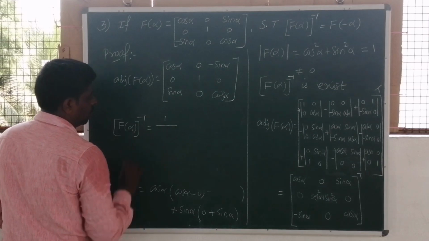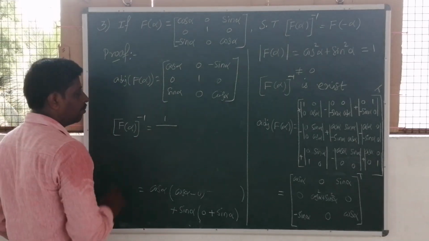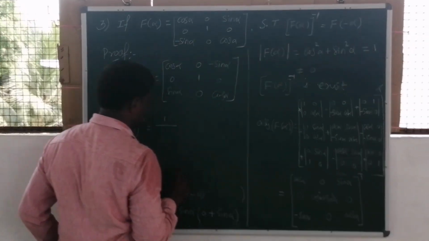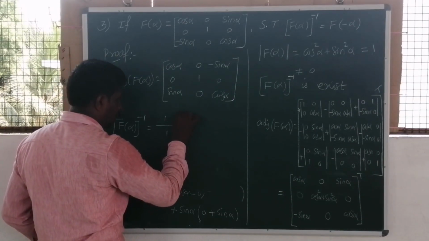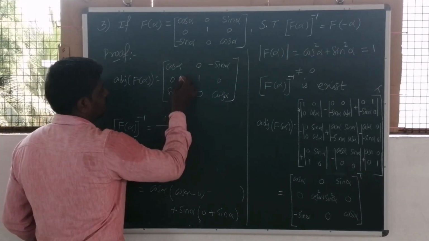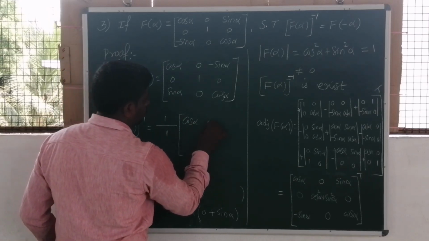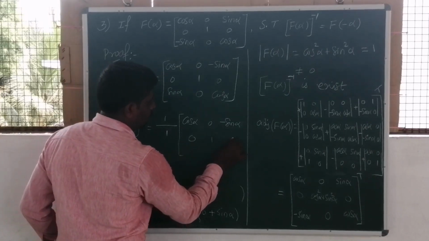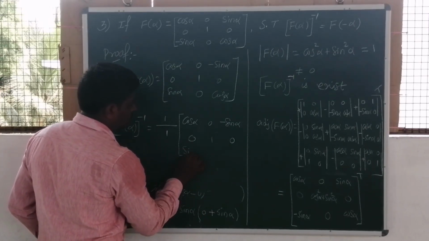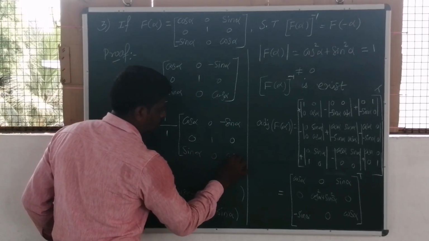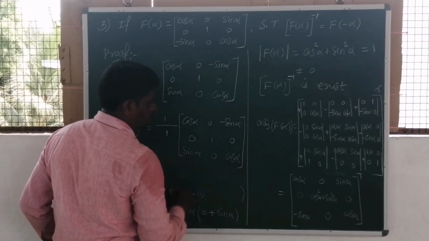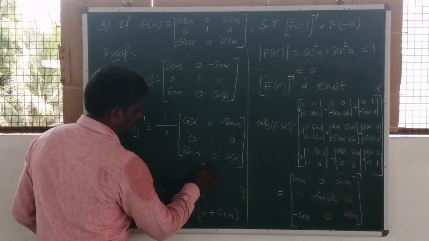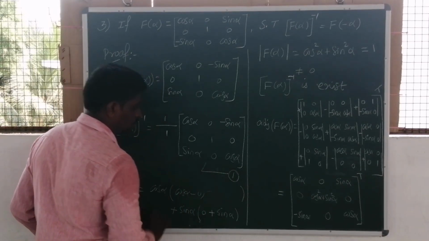Substitute the values in the formula, 1 by determinant of f of alpha, that is 1, and the adjoint of f of alpha, that is cos alpha 0 minus sin alpha, 0 1 0, sin alpha 0 cos alpha. This is the inverse of f of alpha, we call it equation number 1.